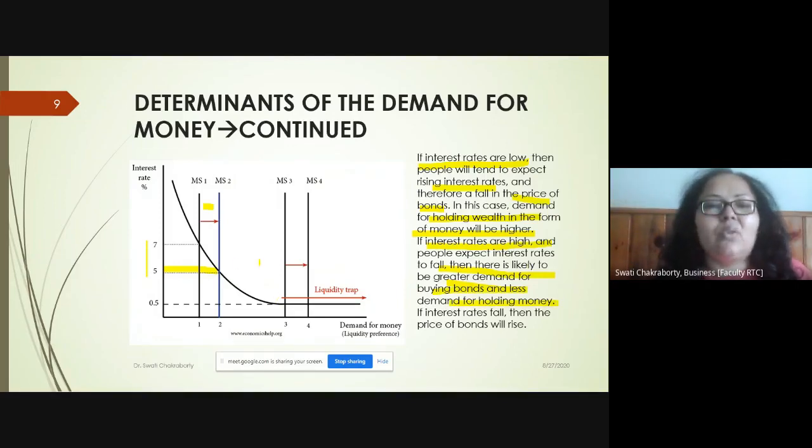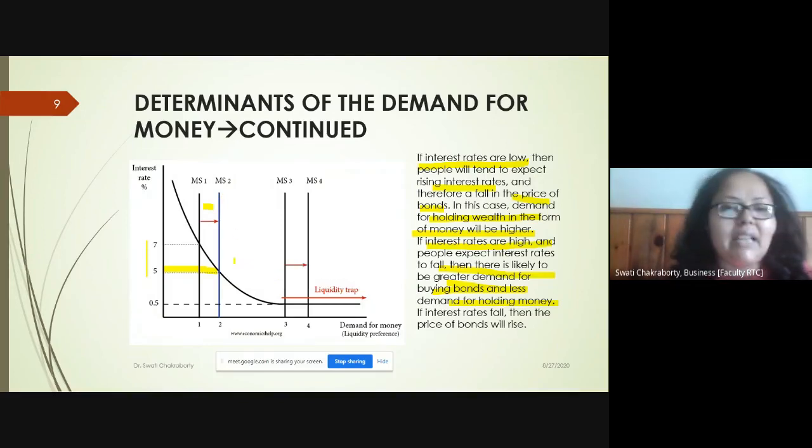What happens here is, when the interest rate goes down, it goes down until it reaches, say, 0.5, which is the lowest here. This is the point beyond which the interest rate will not decrease any further. Even if the money supply goes on increasing, the interest rate will still not fall.